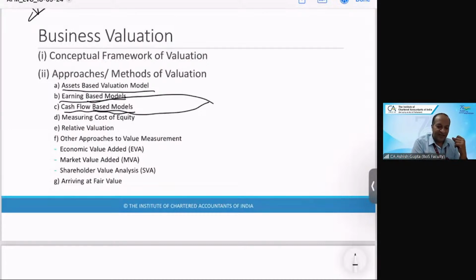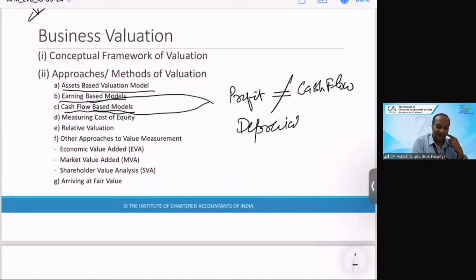If I say profit is equal to cash flow, you will say no. Why? Because there are non-cash items like depreciation, and writing off of expenditures. That's why cash flow may not be the same as profit. So here we shall see what the models for cash flow are.